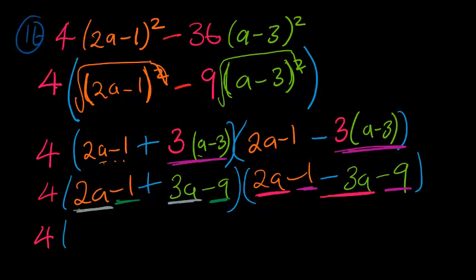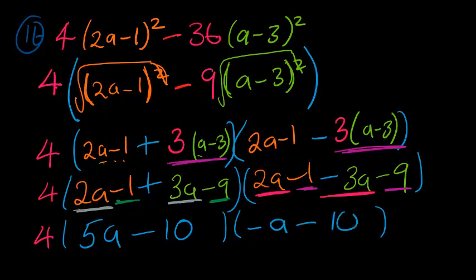My first bracket is going to be 2a plus 3a gives me 5a. Minus 1 minus 9 is minus 10. Second bracket, 2a minus 3a is minus 1a. Minus 1 minus 9 is minus 10. And that, dear folks, is your final answer. As simple as it's going to get.